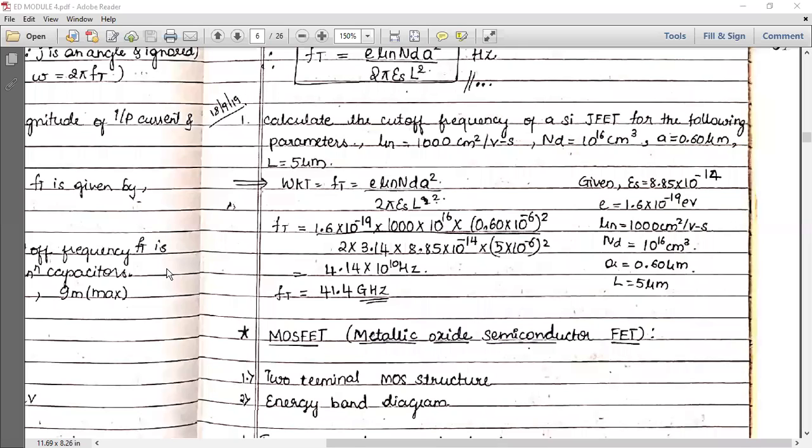Now solve this and start sending the answers. Use your calculators.